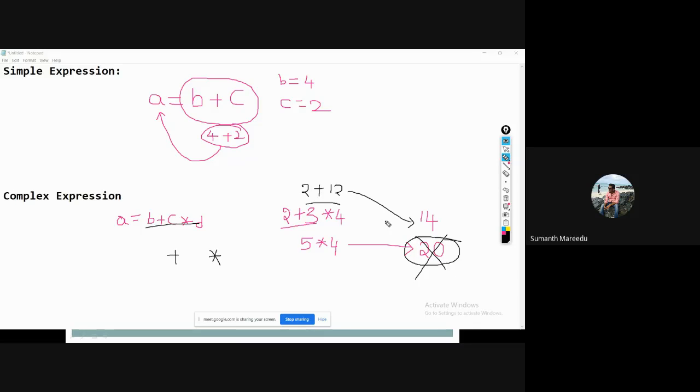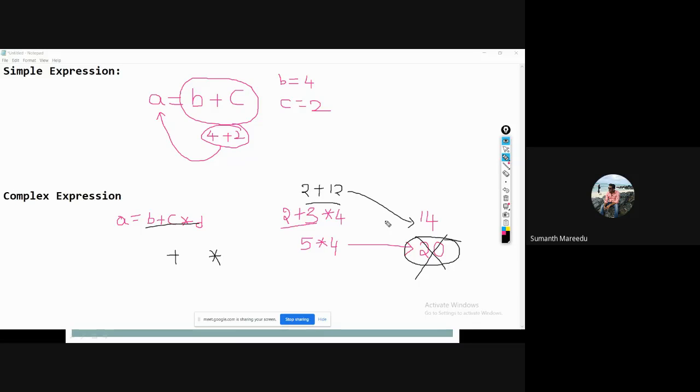What you told, the BODMAS rule or whatever, is not used here. We evaluate as per the precedence, though the precedence also follows the BODMAS rule.